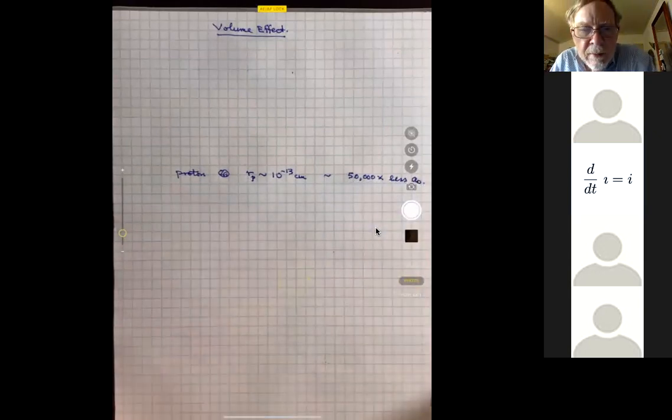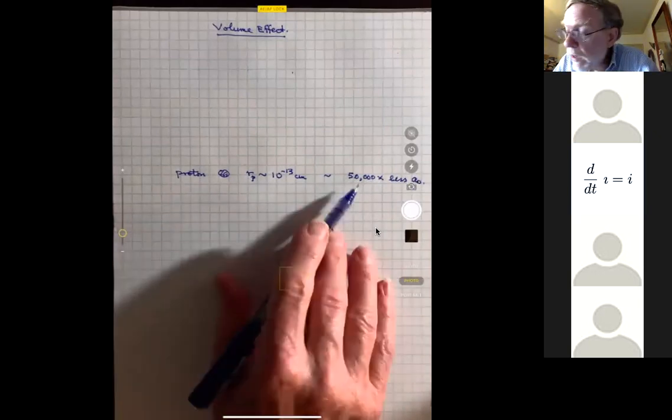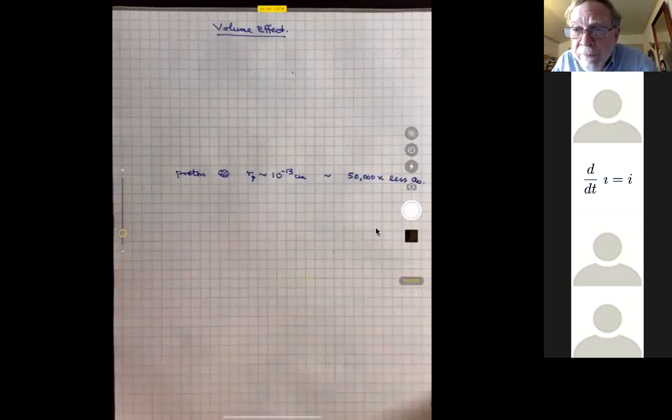So it means that the proton occupies an extremely small, if you get the volume, you cube this factor, you raise it to the third power. It means the proton occupies an extremely small part of the volume of the hydrogen atom. Similarly for other nuclei.